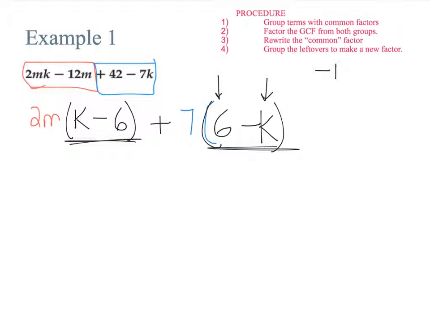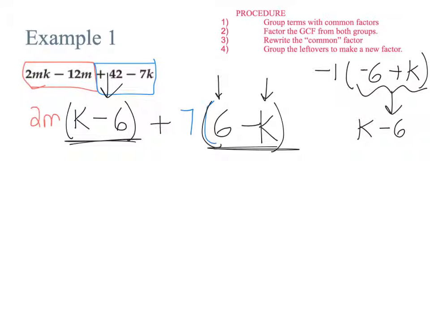If I factor out a negative 1 from 6 take away k, 6 divided by negative 1 is negative 6, and negative k divided by negative 1 is positive k. Now I can rewrite this piece as k take away 6, and now I'm matching this one here.